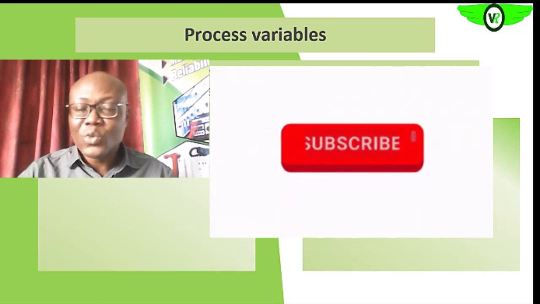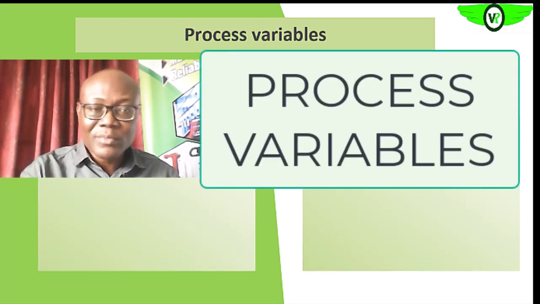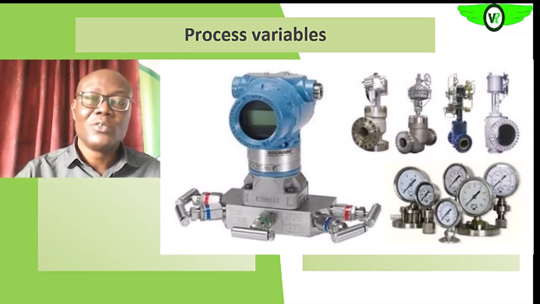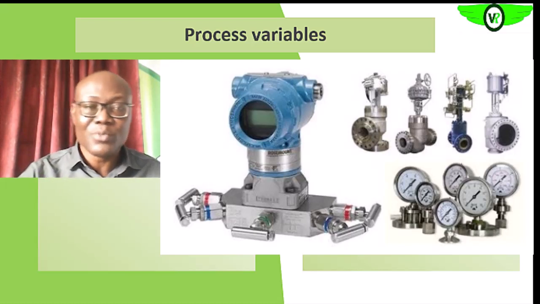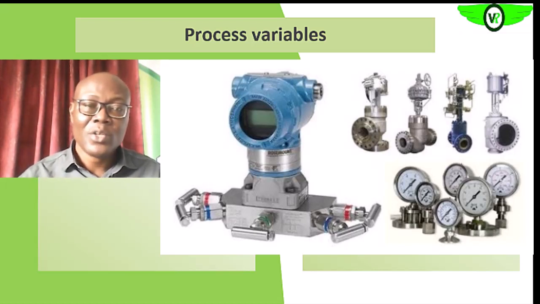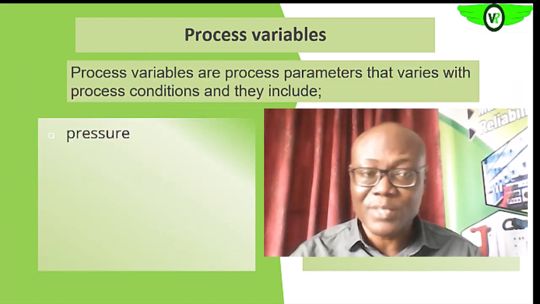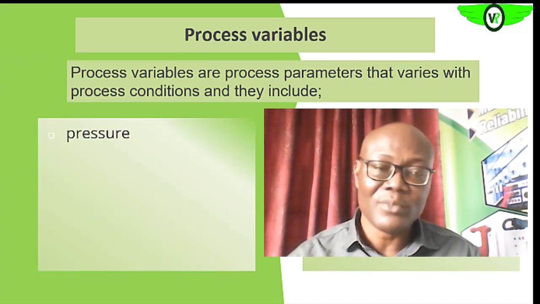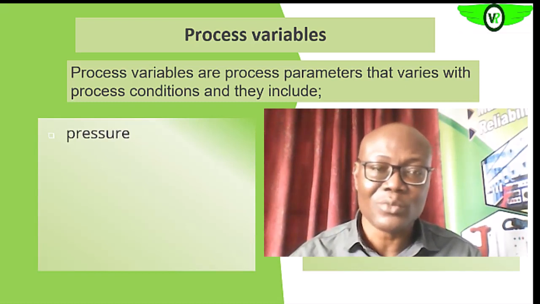So we need to appreciate them, how to monitor them, how to control them, and what instrument we need to use to monitor and control these process variables. As you can see, we have pressure. Pressure is a process variable or process parameter that can change oftentimes with changing process conditions, as we'll see later.